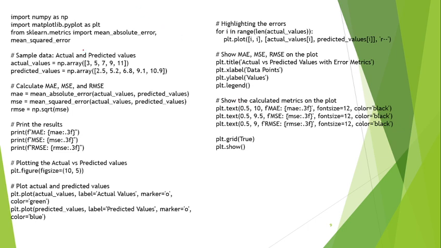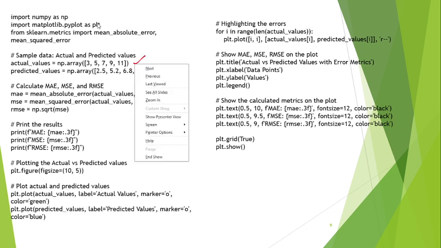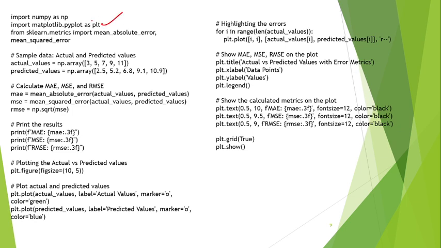And I have already taken the values, correct? There are some different values. I have used NumPy for these data sets, arrays, and plotting graphs. So I have got different points 3, 5, 7, 9, 11, and the errors 2.5, 5 and so on.